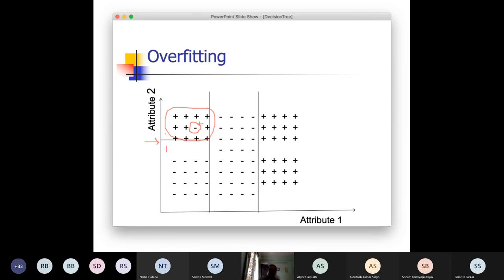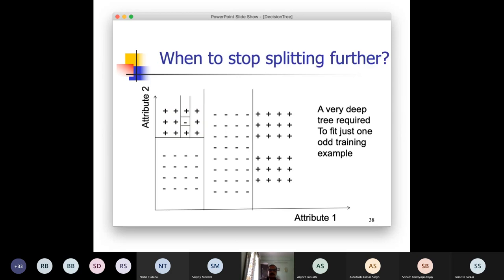But now since it is negative, this will still be impure, and you may go ahead with splitting this node further, which means you can grow the tree longer, increase the depth and try to fit each and every data point. But most likely this is overfitting, because if you use it for unseen data, you may get higher error.